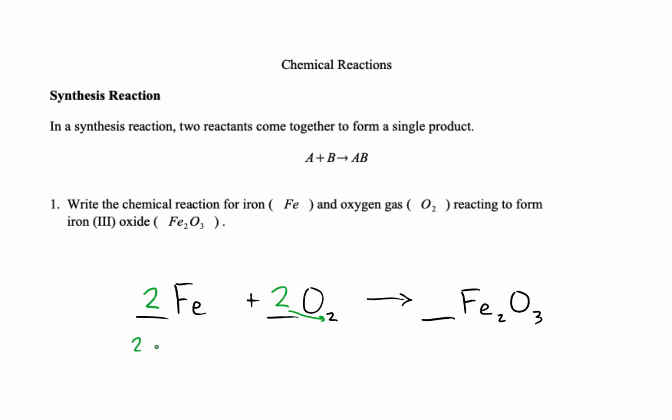So this would be 2 iron atoms, and this will make 4 oxygen atoms. But even though the irons would be balanced with this configuration, unfortunately the oxygens would not. We would have 3 on the right and 4 on the left, so 2 can't be the right choice here.